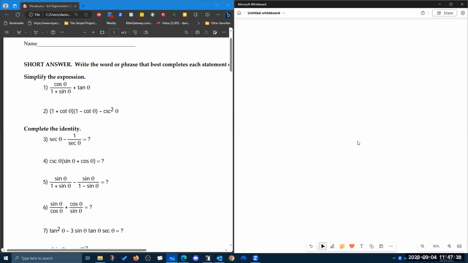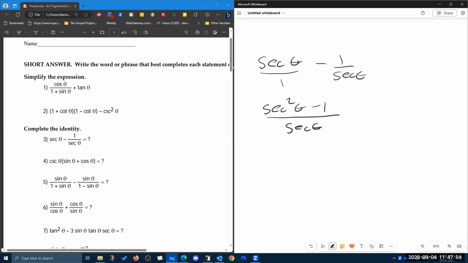Now let's work on establishing some of these identities, completing them down here. So if I have secant theta minus 1 over secant theta, I'm going to make a common denominator and make this secant squared theta minus 1 over secant theta. So 1 plus tangent squared theta equals secant squared theta.